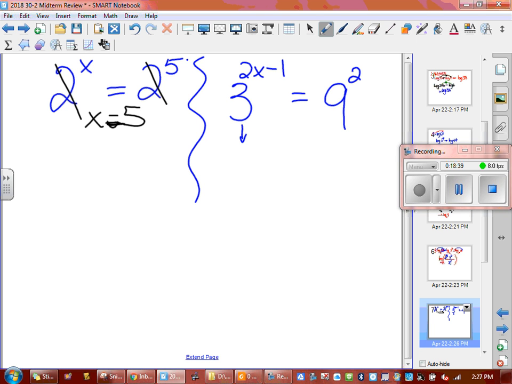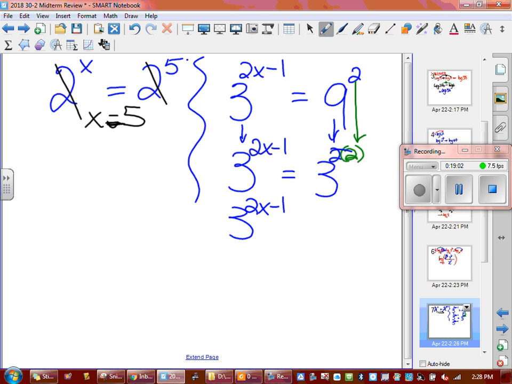This guy's already base 3, he comes down 2x minus 1. This guy goes to base 3, 3 squared, but he already has an exponent. So that exponent's going to join up with him, but he's going to go in a bracket. When they're joined beside by a bracket, that means they're multiplying. So this now becomes a 4. So we've got 3 to the 2x minus 1 equals 3 exponent 4.